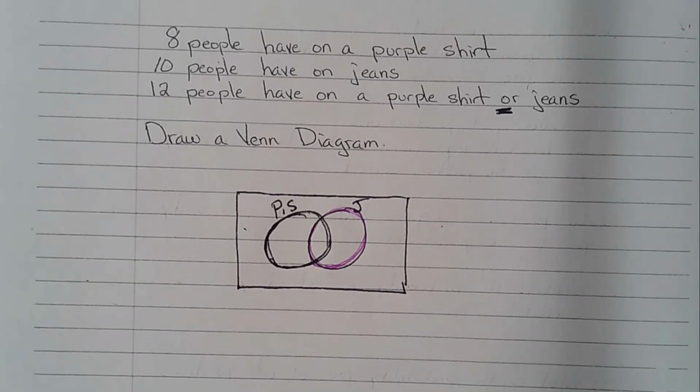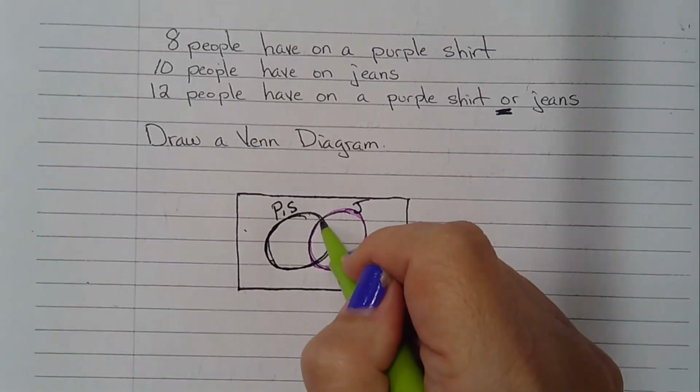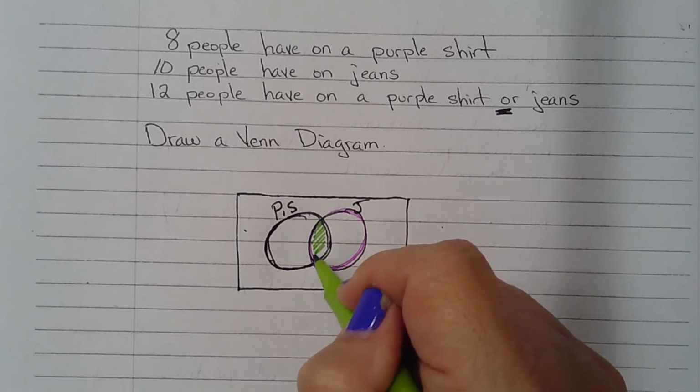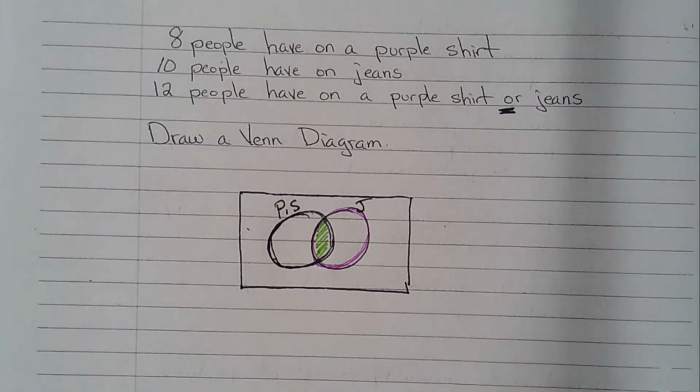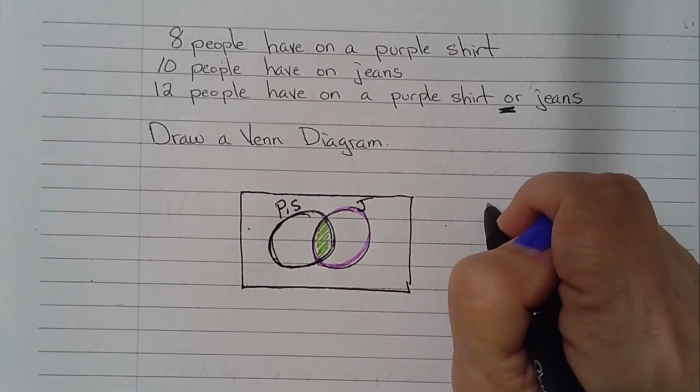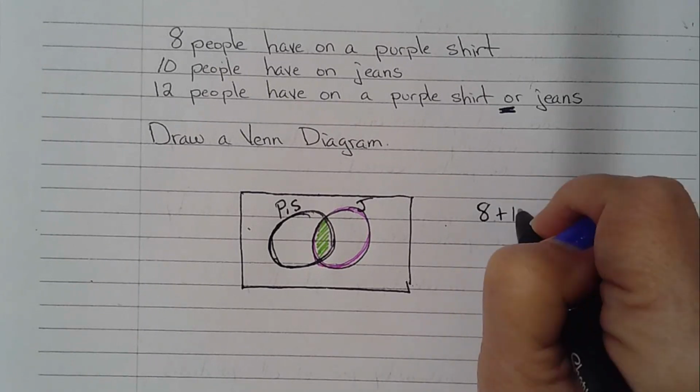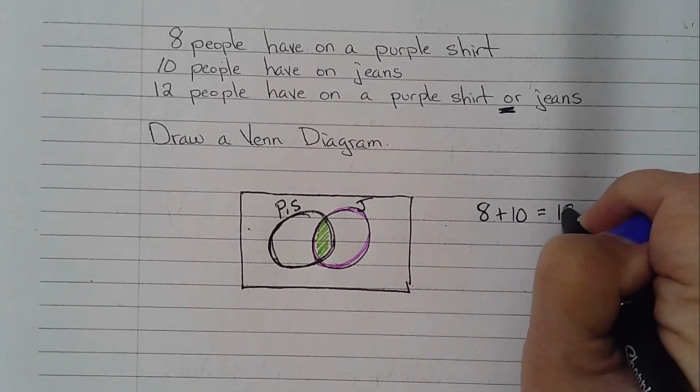Well, remember, we've got this little overlap section, right? So some people have on a purple shirt and jeans. How many people is that going to be? Well, since 8 people have on shirts and 10 people have on jeans, and that's 18 people, right?